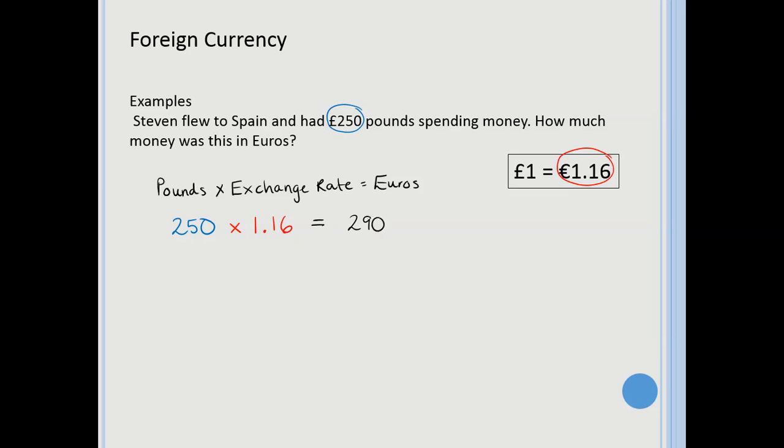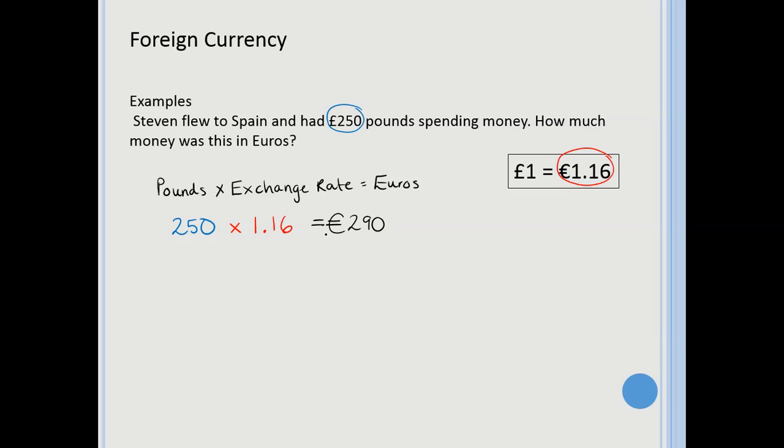290. Now, what you have to remember is this is a unit of measure, so we need to have units in here. And what we're going to use is the appropriate symbol for the different currencies. So in this case, the euro is a curly E with two lines through it.